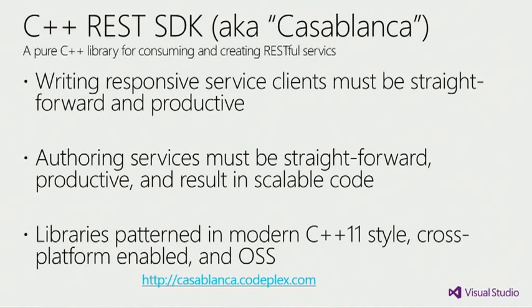We think that a lot of the value proposition behind a library like Casablanca is about productivity. Performance is table stakes. You have to be performant too, but it's about productivity. It's about writing asynchronous, responsive code but doing it with high programmer productivity.